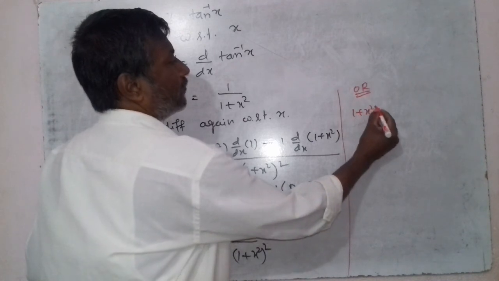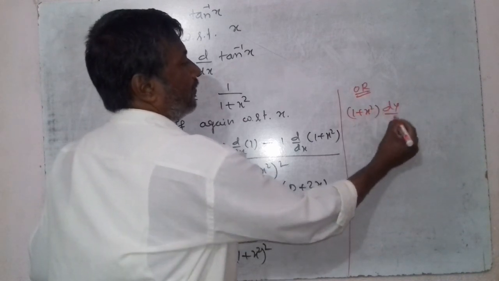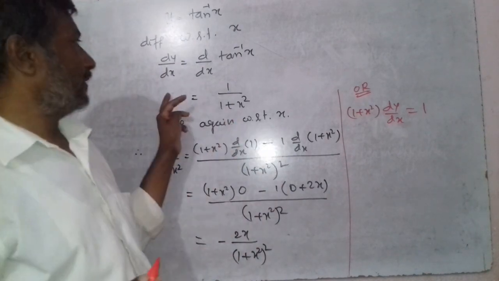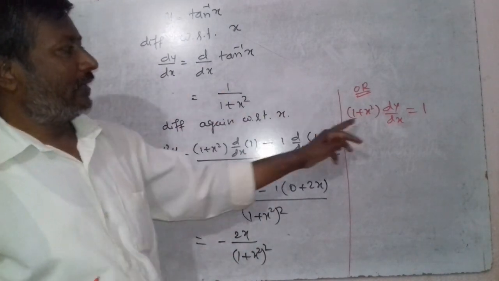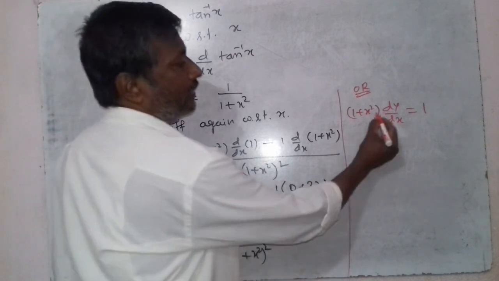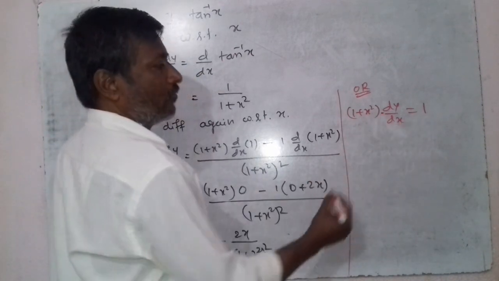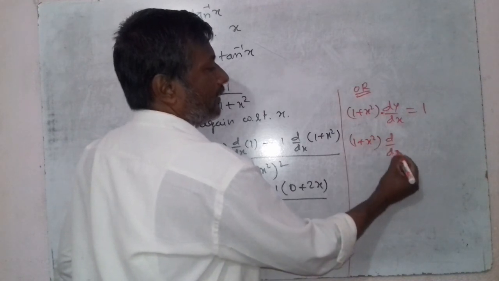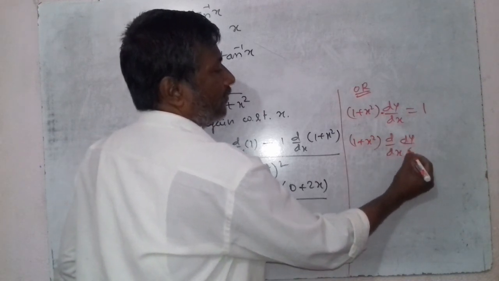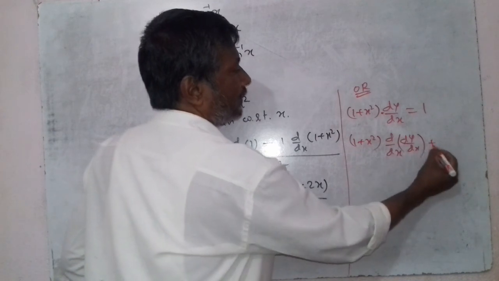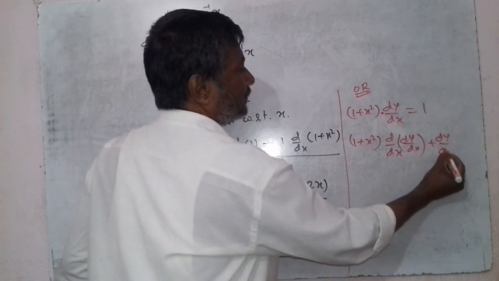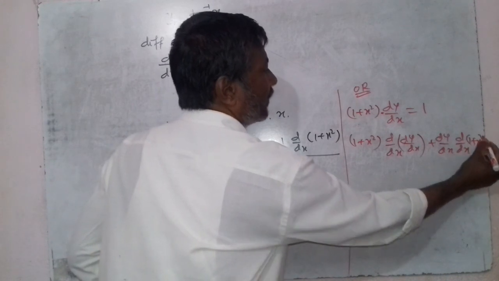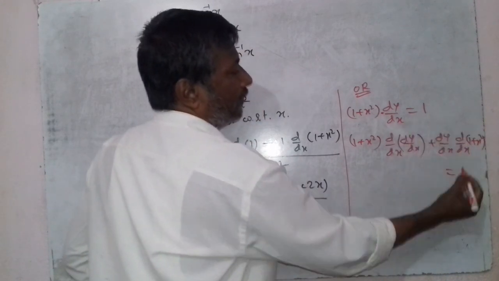The same problem you can solve in this way also. 1 plus x square dy by dx equals 1. Cross multiply and differentiate. Here apply the product rule: 1 plus x square times the derivative of dy by dx, plus dy by dx times the derivative of 1 plus x square, equals the derivative of 1.